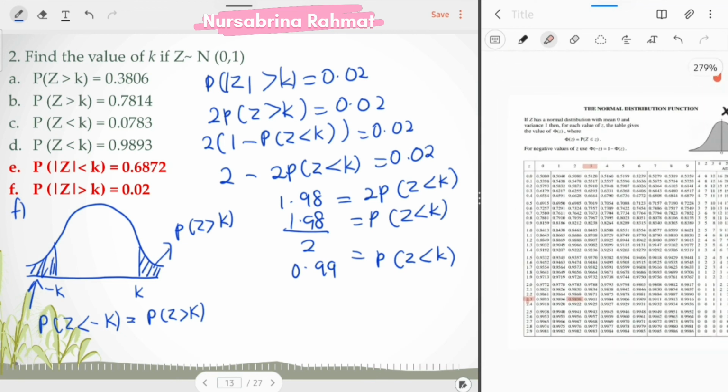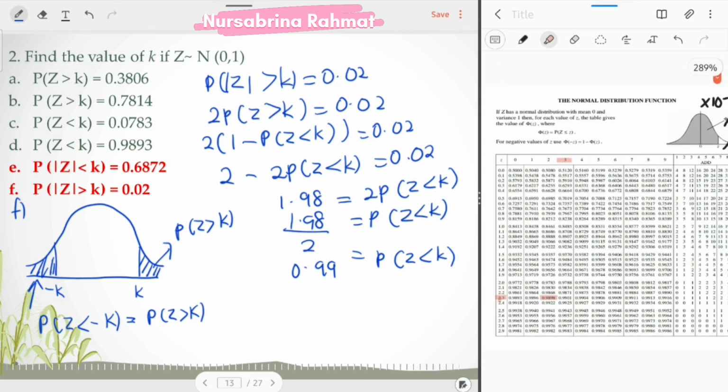Okay, let's go across this row 2.3. So we have the number 2 here, which is 4, 6. Okay, so let's write down your k. So your k is equal to 2.336. So that is your k for this question F.